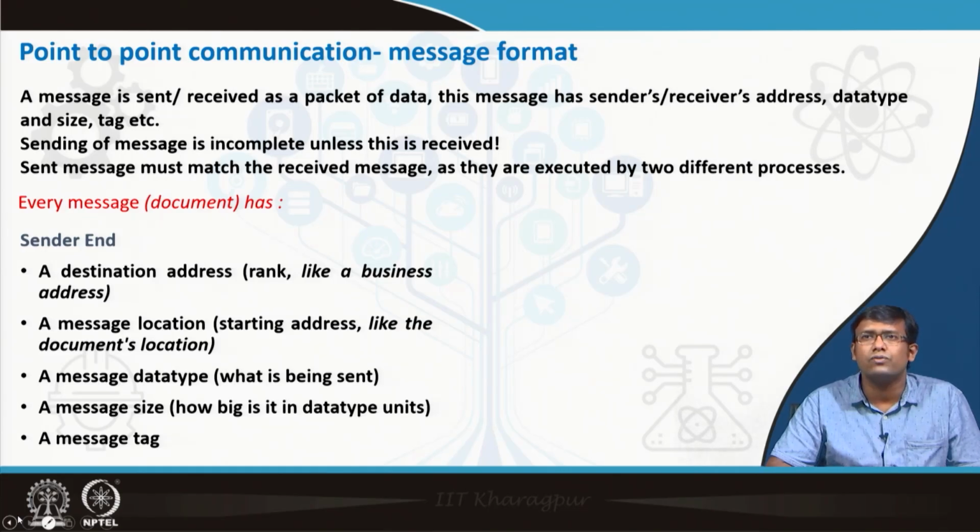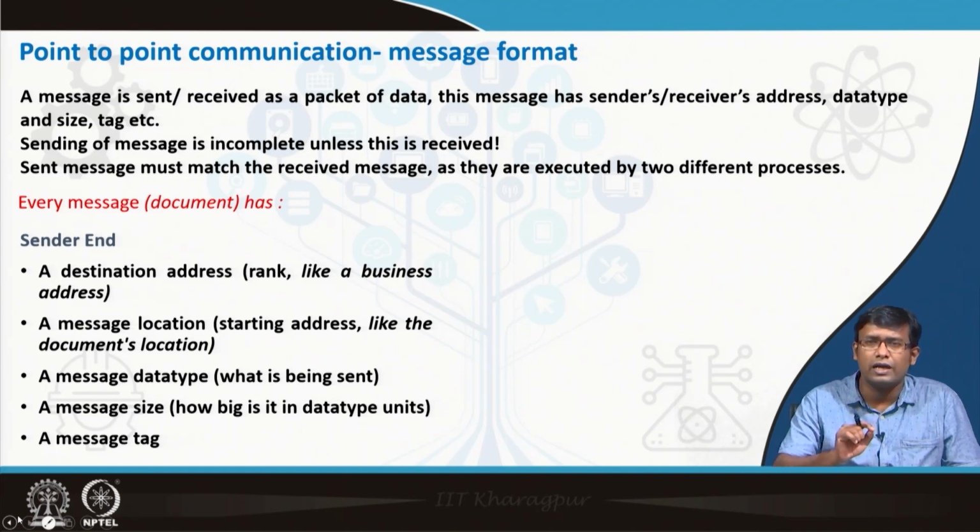A message location: which data will be sent? In the sending processor's memory, what is the location of this data? What is the address of the first element of that array which will be sent? What is the pointer to that? A message data type: which type of data is being sent? A message size: how big is it in that particular data type unit? And a tag.